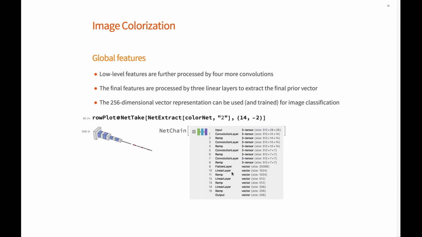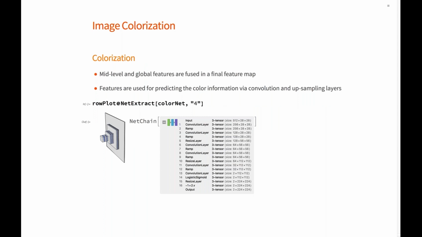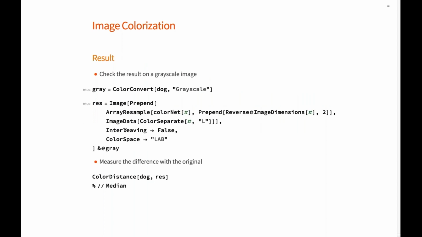When we put it all together, we use it with the colorization network that takes all the features and upsamples them and uses more convolution to go from features to the chrominance values. So, okay, we have the colorization network, let's try and use it.